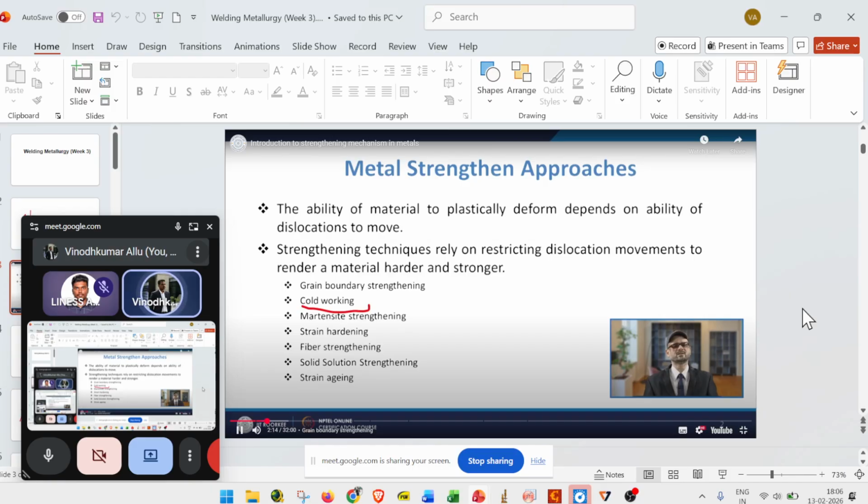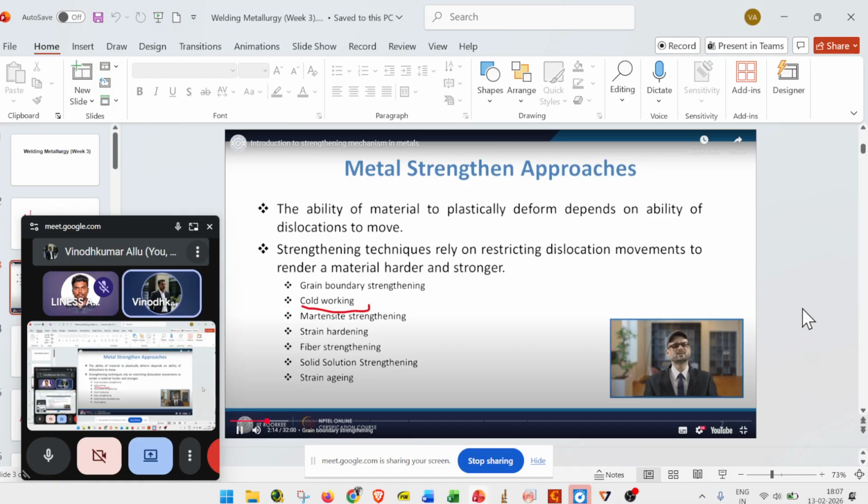The first one is grain boundary strengthening. If the grains become coarser, the hardness and strength will be less compared to a material with finer grains. One way to increase the strength of the material is to reduce the size of the grains.